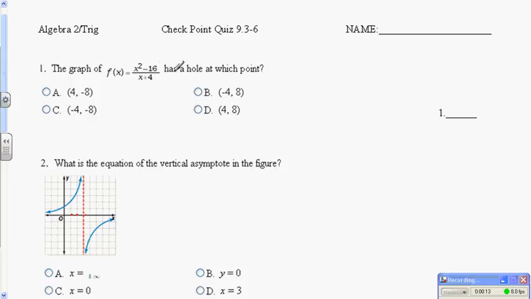Find the graph of this, and it has a hole at which point? Well, you're going to factor the numerator. The difference of two squares.